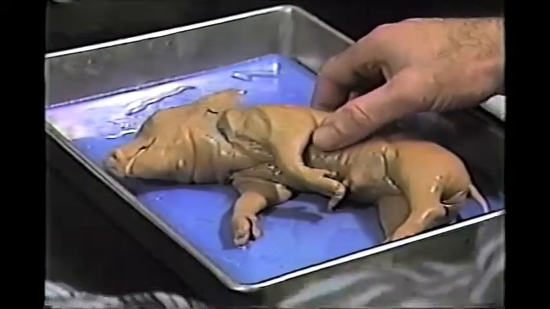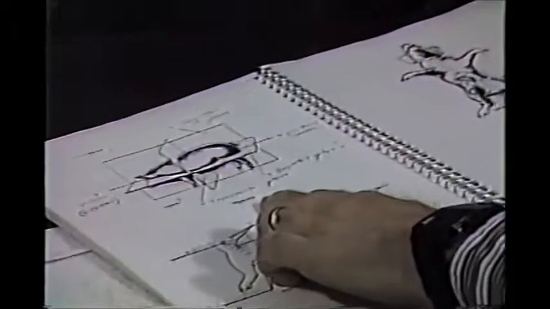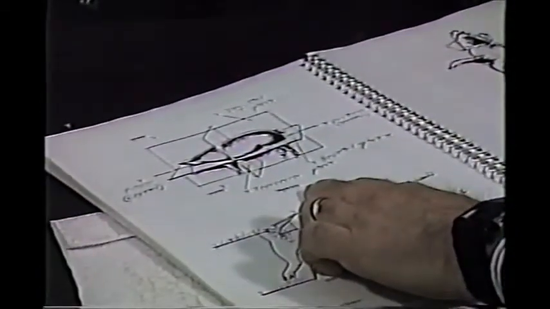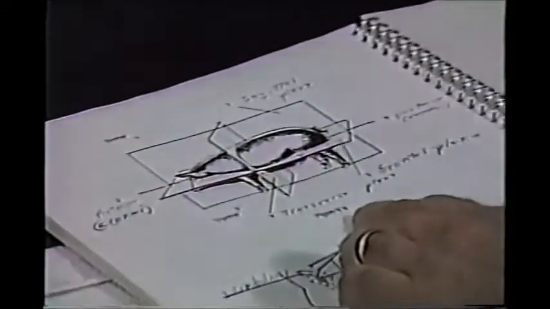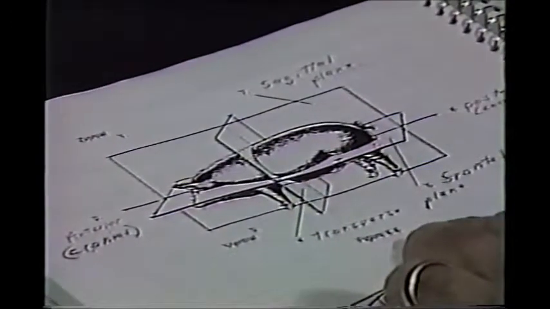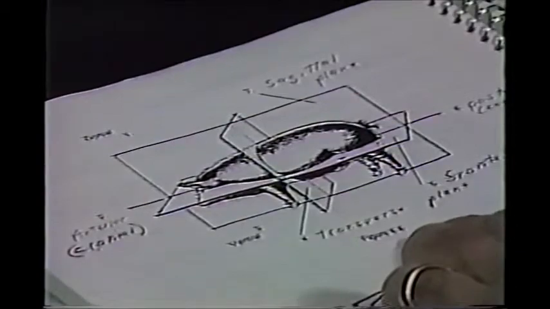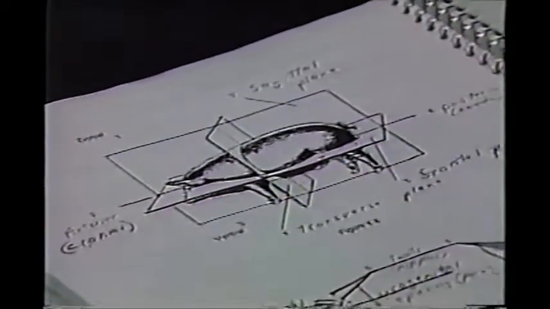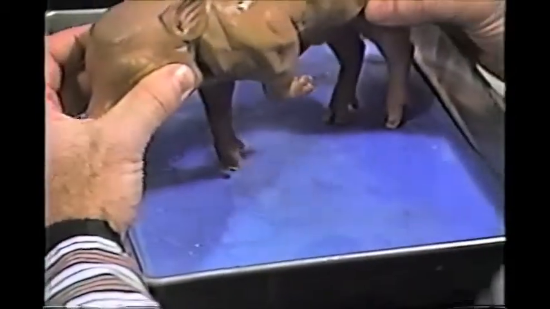Now, in figure 6-6 in the lab book, it shows the various directions of the fetal pig and the planes. So I'm going to demonstrate them on this pig. So if we can go back to our little pig here, standing up on all fours.